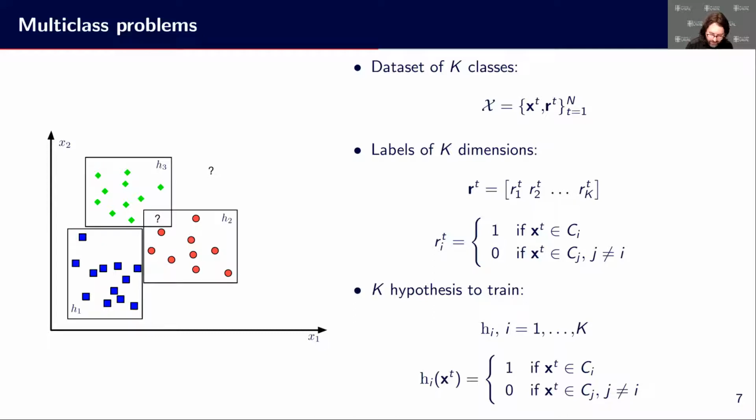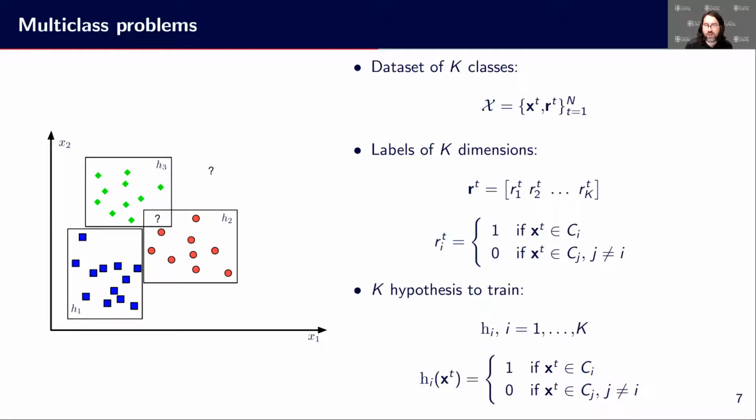In general, we will say that we have a data set big X here with N instances that is described by its input, its X data, and the associated labels. Given that we have more than two classes, we will in fact represent the labels as a vector of K dimensions for K classes. Each element of the vector is 0 or 1.